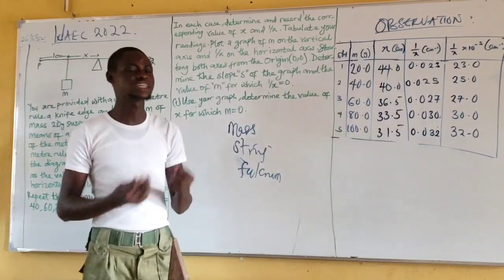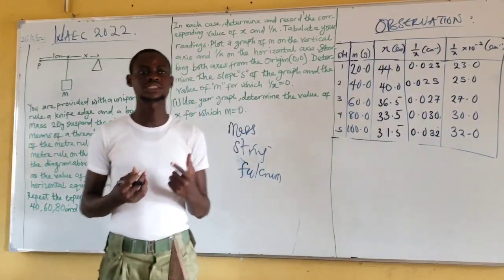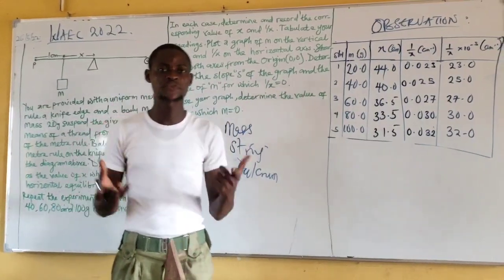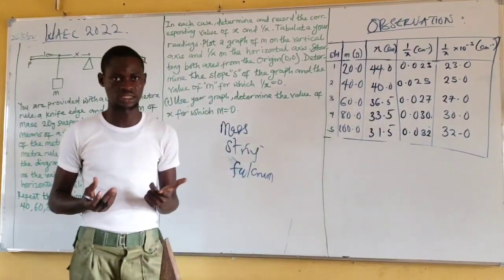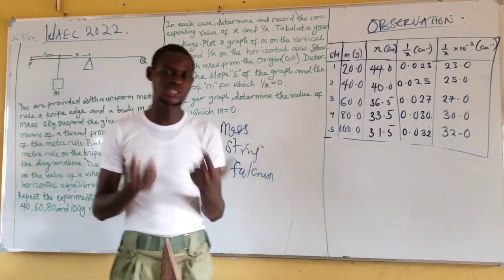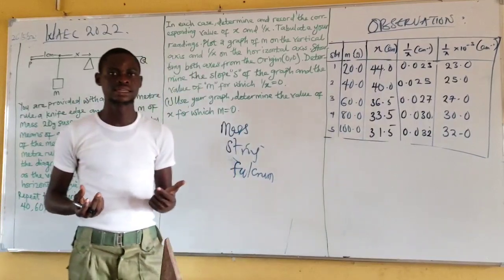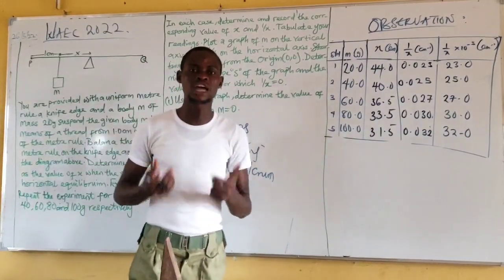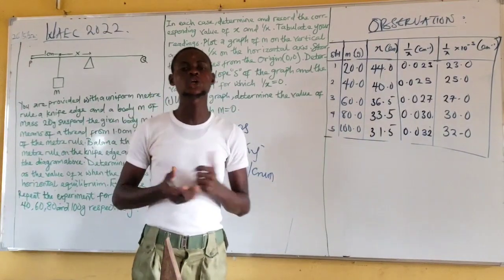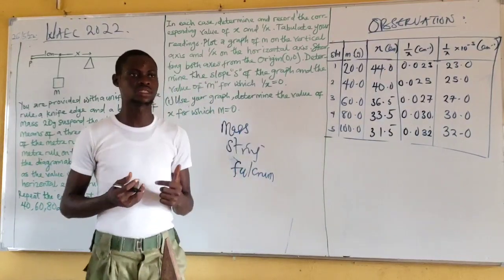Whenever you are asked to provide these items, note that you only want to verify the principle of moments. According to the principle of moments, the sum of the anticlockwise moments must be equal to the sum of the clockwise moments.